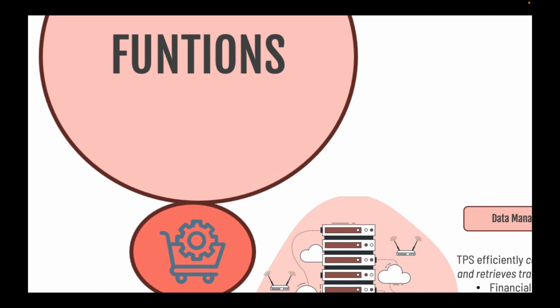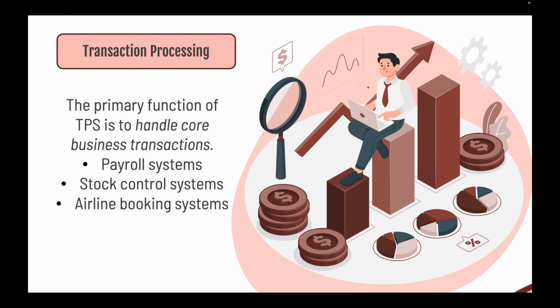With transaction processing, the primary function of TPS is to handle core business transactions. Some examples of this function include payroll system, stock control system, and airline booking system.